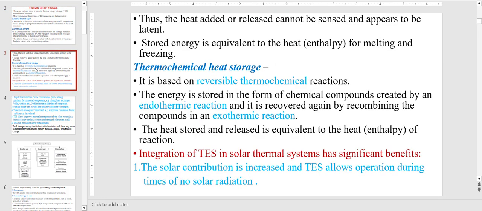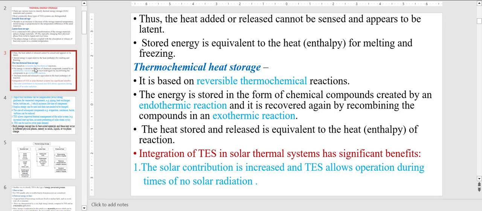There is a third method, using thermochemical heat storage. It is based on reversible thermochemical reactions. There are two types of reactions, endothermic and exothermic. The energy is stored in the form of a chemical compound created by an endothermic reaction, and it is recovered again by recombining the compound in an exothermic reaction.